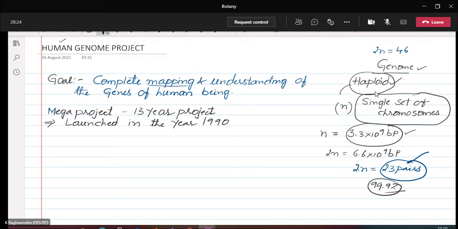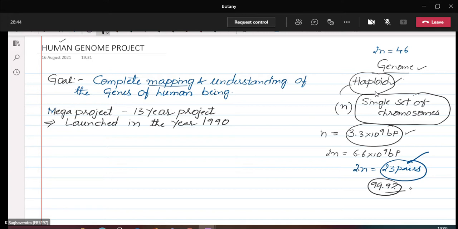There is only 0.1% difference between two individuals, and the difference between two individuals will be reflected in that 0.1% only. Difference in the nucleotide sequence.